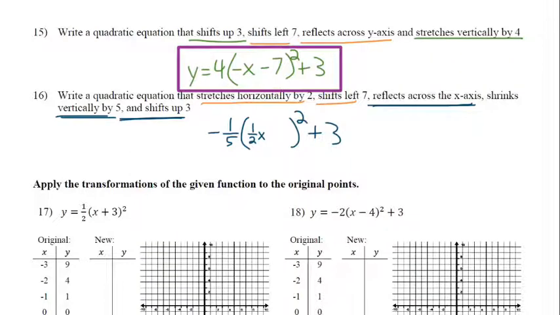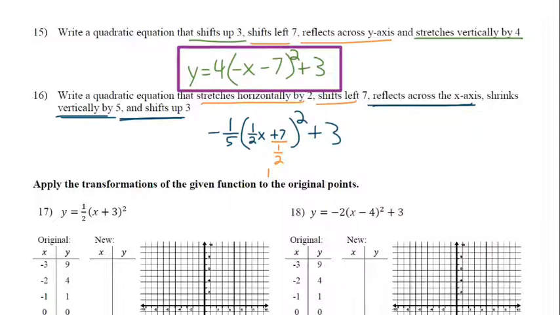To shift left 7, you would think add 7. However, when I divide by a 1/2, this number becomes 14. Okay? So what can I divide by a half and still get a 7 right there?